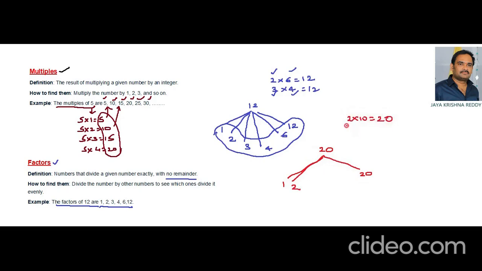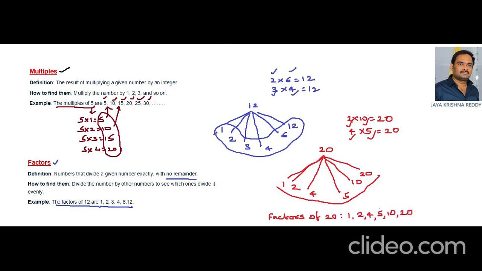So 20 is divisible by 2 and also divisible by 10. And by 3 table, 20 is not divisible by 3. Next by 4 table, 20 will be divisible. 4 fives are 20. So 20 is divisible by 4 and also divisible by 5. So these are the factors of 20.